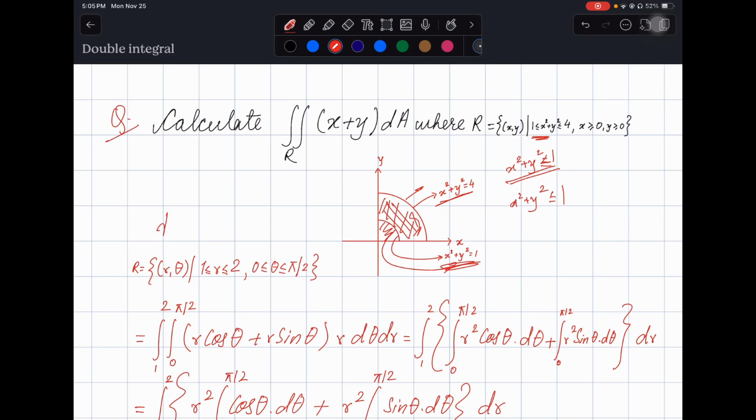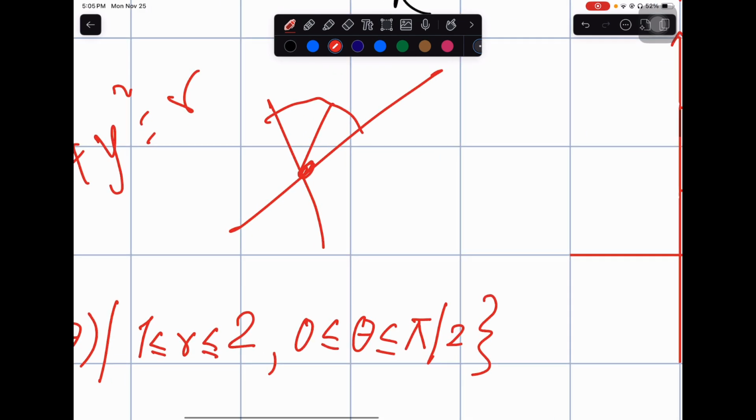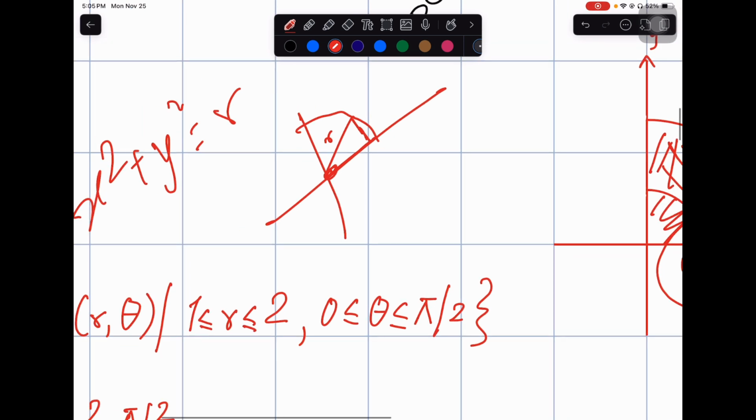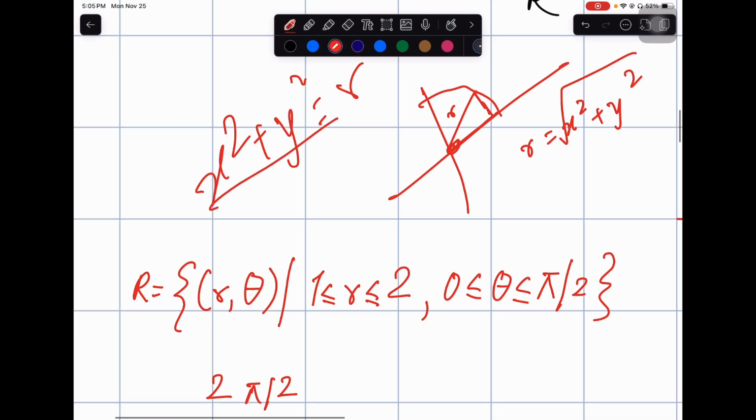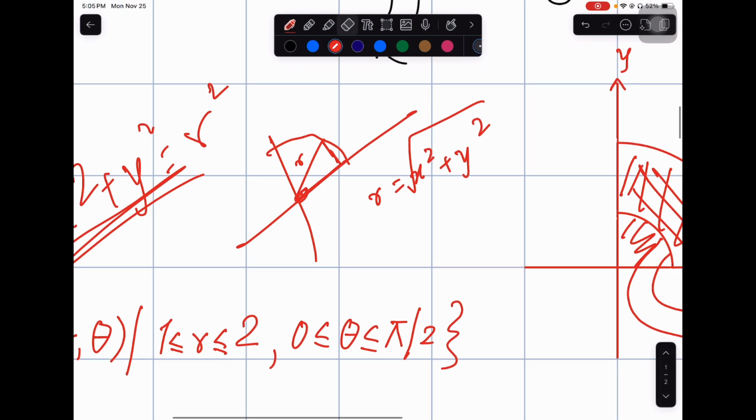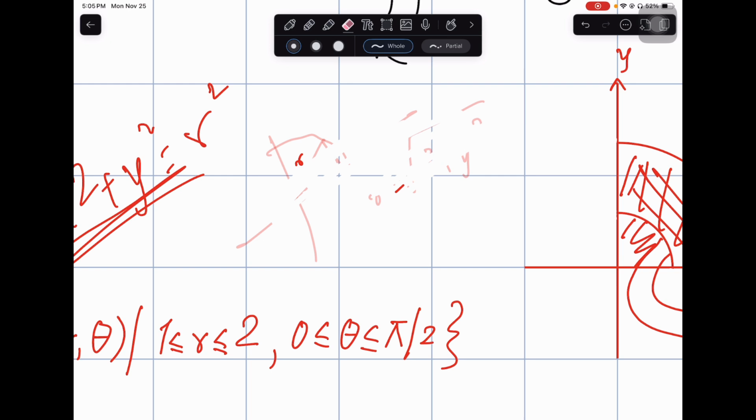So this is the origin, and this is a circular curve. If this is r, then r is going to be the square root of x squared plus y squared. R squared, on the other hand, is going to be x squared plus y squared. So the Pythagorean theorem has been used here, right?